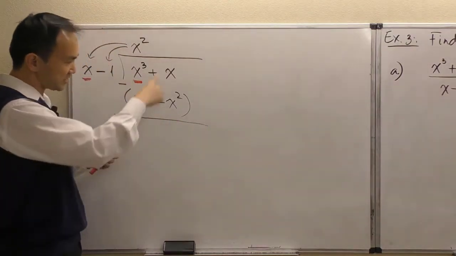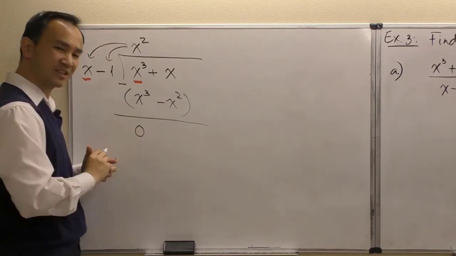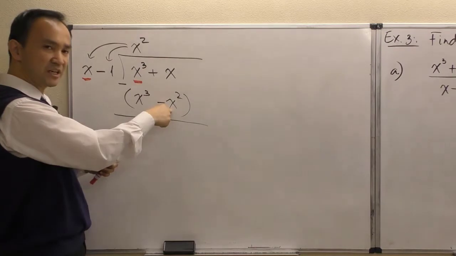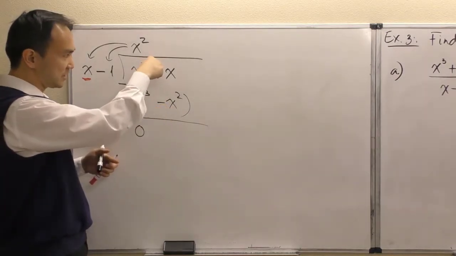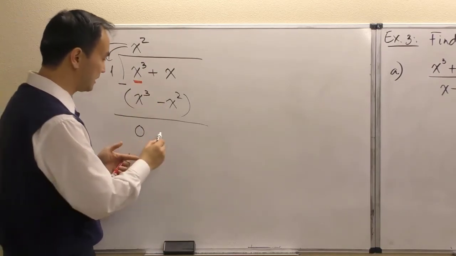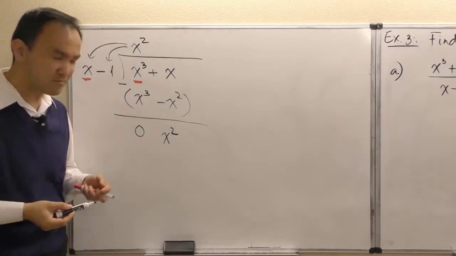Now subtracting out: x cubed subtract x cubed is 0. We don't have an x squared term to subtract from, so technically think of that as 0 subtract negative x squared, which leaves behind a positive x squared term as a remainder. But we're not done yet.